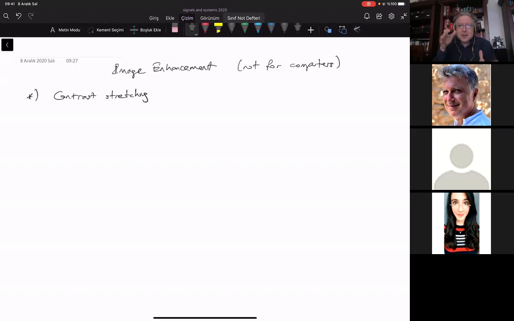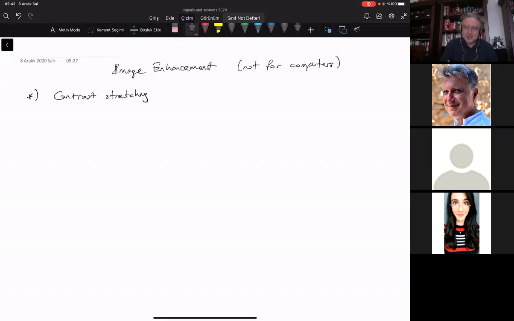As long as the contrast is there for the rest of the process, for image classification, segmentation, for instance, the computer will see it, put a threshold in an appropriate place, and make the process. So this is an unnecessary process, for example, for image enhancement. For whom are you enhancing? If you're enhancing for the humans, this is good.